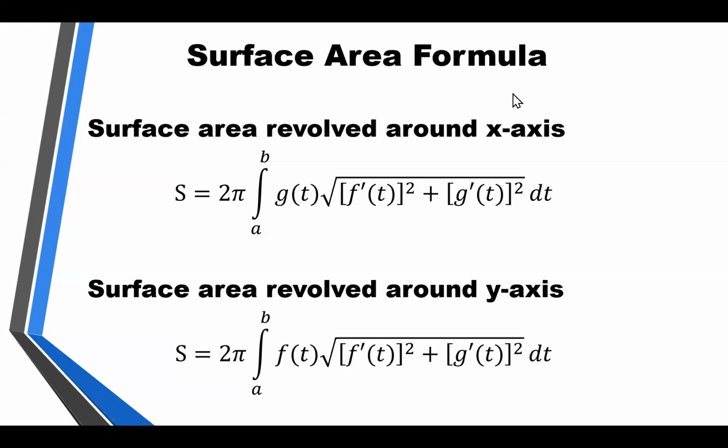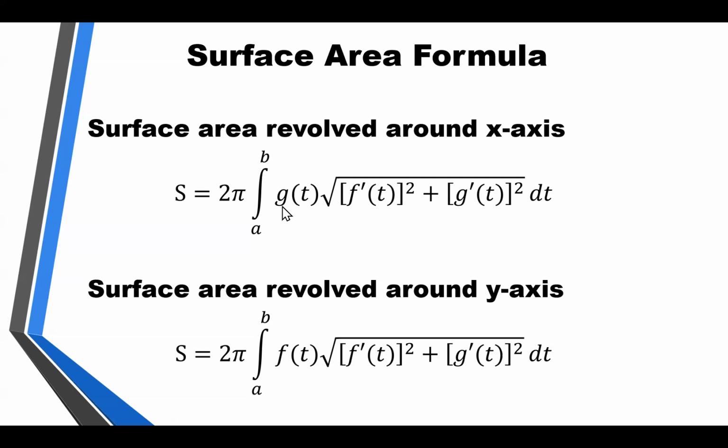Once we've calculated arc length, then that is a short jump to surface area. If I want to revolve a curve around the x-axis, what I do is I start with my arc length formula and I multiply by 2 pi r. Now, if we're revolving around the x-axis, then the radius is going to be the y value.